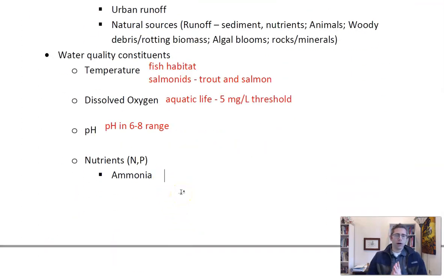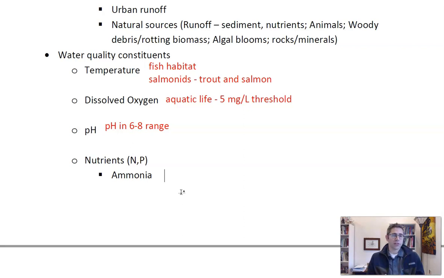Well, ammonia is the first one. So ammonia is a form of nitrogen. And we care about ammonia for a couple of reasons. The first reason is something that you would encounter if you had a fish tank at home. Tropical fish tank, you're usually worried about the ammonia levels in the tank.